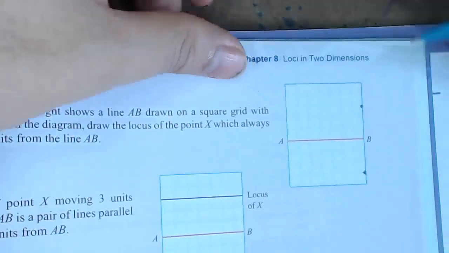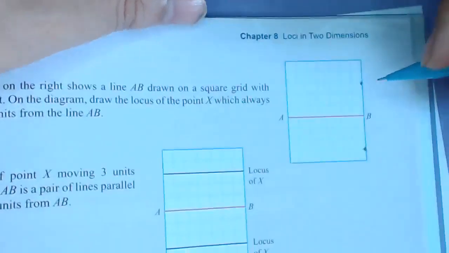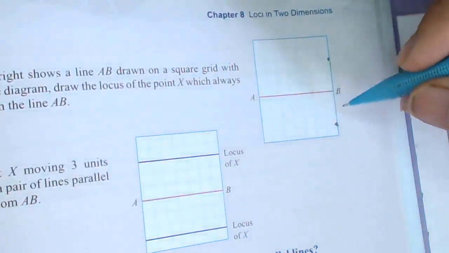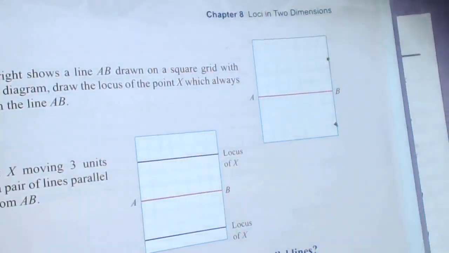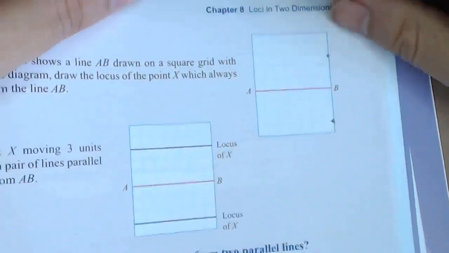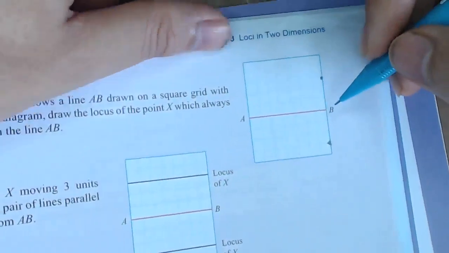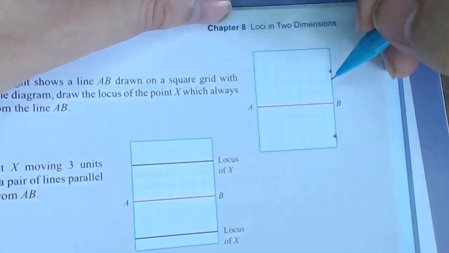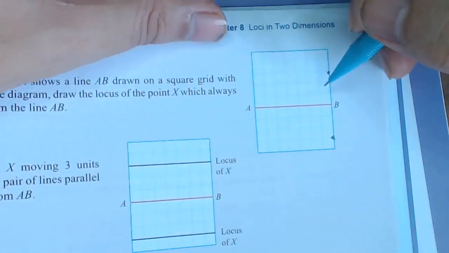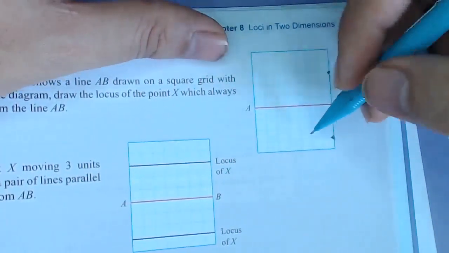3 units away from this line AB. I don't care where you go, as long as it is always 3 units from line AB. So where can you go?